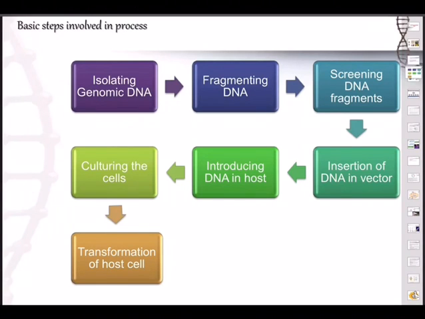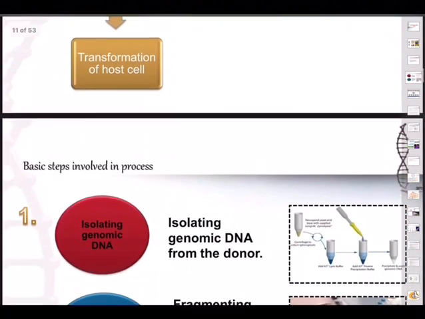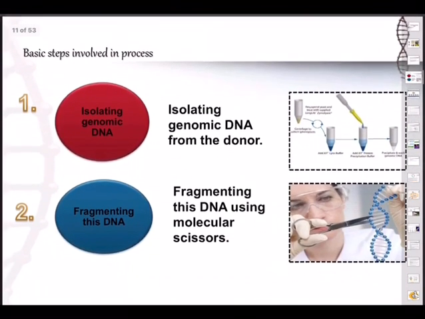So how many steps are there? Isolating genomic DNA 1, fragmenting DNA 2, screening DNA fragments 3, insertion of DNA in vector 4, introducing DNA in the host 5, culturing of the cells 6, transformation of host cells 7. Seven steps are involved. And what is it that we need to do?